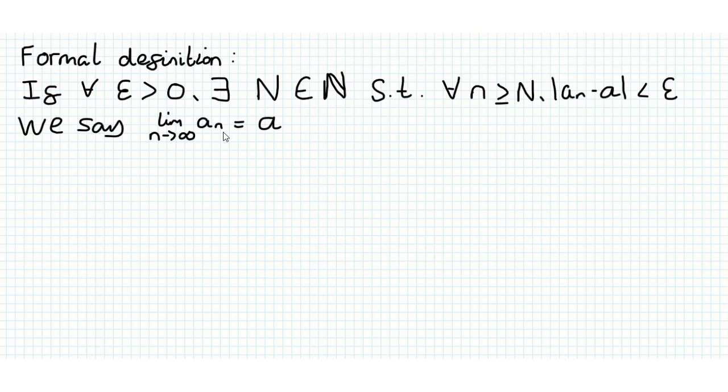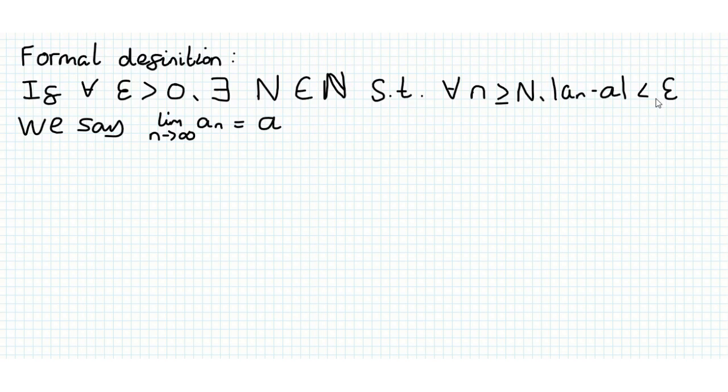So this definition is a little bit technical and unusual, but what it is essentially saying is no matter how small we pick epsilon, so no matter how small of a positive number we pick, we can find a big enough value of N such that for any term a_n, which is bigger than the term a_N, not bigger but further on in the sequence, we can get a_n to be closer to our limit a than epsilon, right?